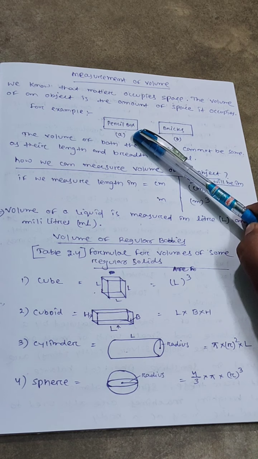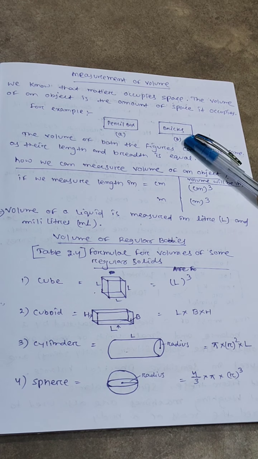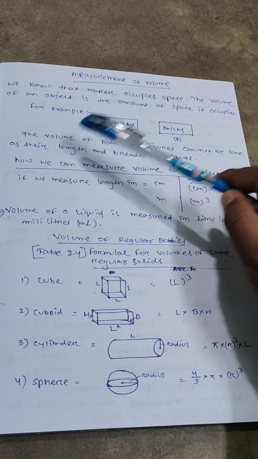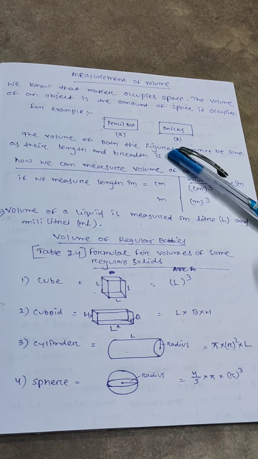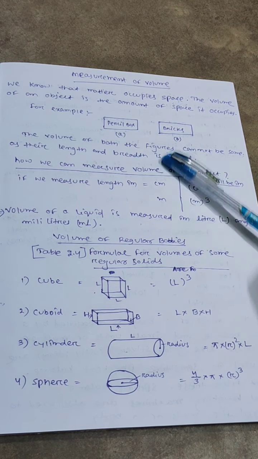Figure 1 is the pencil box or geometrical box, and figure 2 is the bricks. In this case, the volume of both figures cannot be the same, even though their length and breadth are equal.